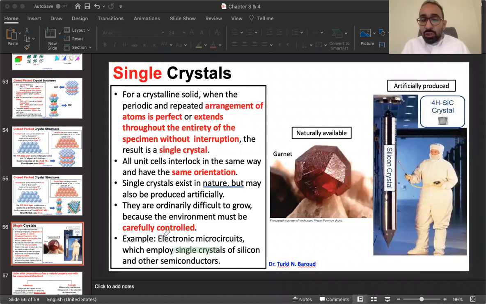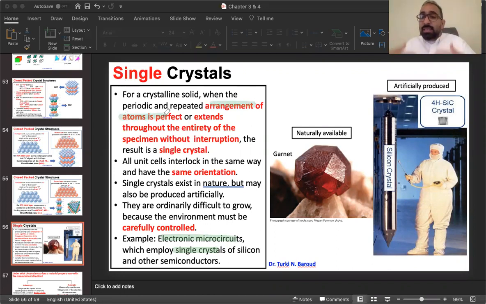Many of the electronic microcircuits that you have around you depend on single crystal material, of silicon more specifically. So what is a single crystal? What does it mean when you say single crystalline material? It means that the arrangement of atoms is perfect.